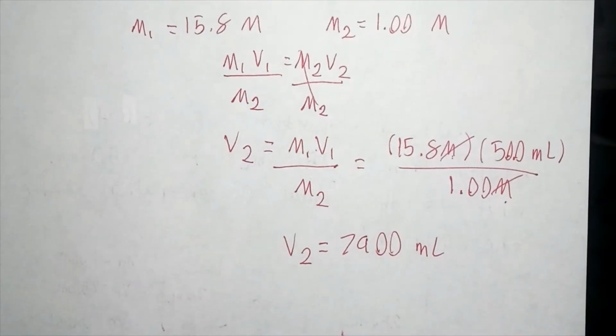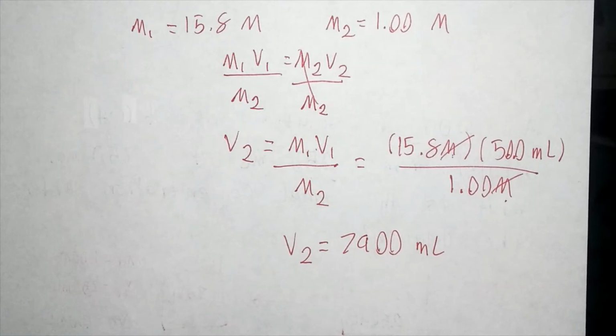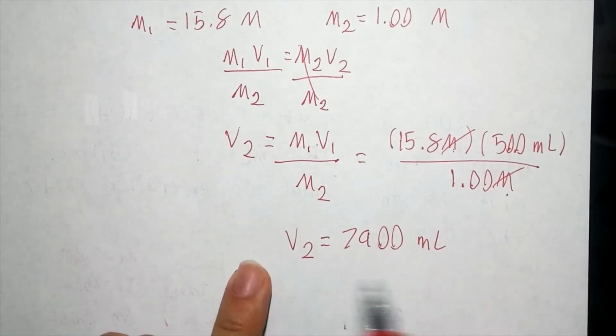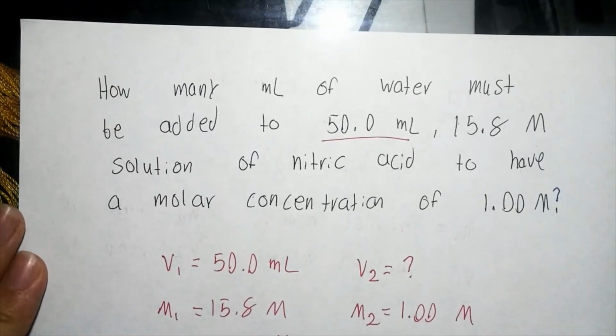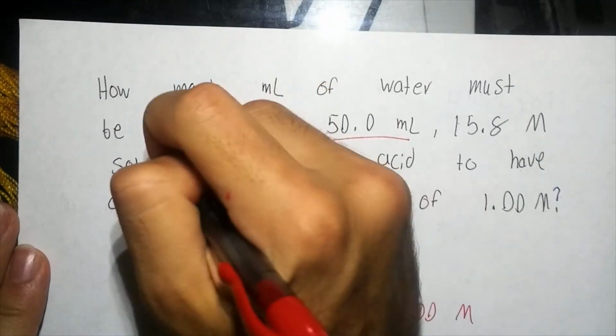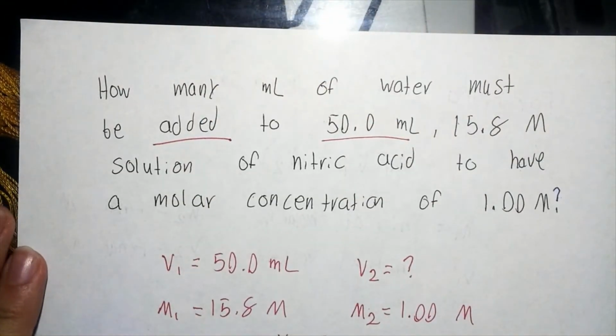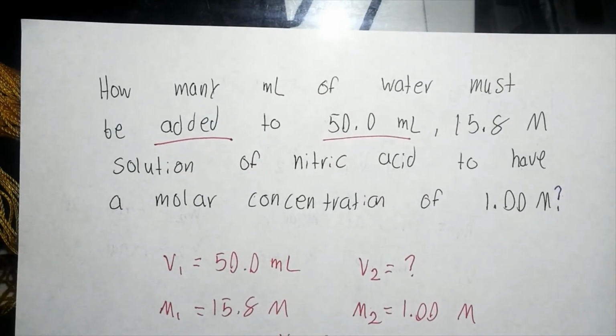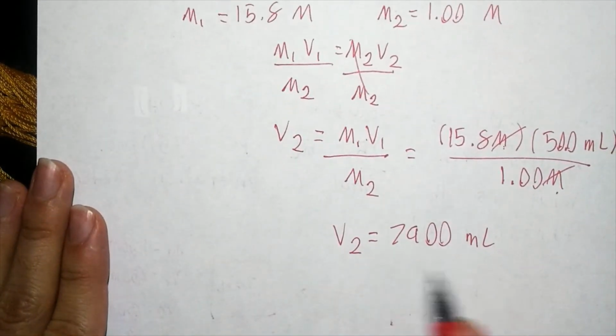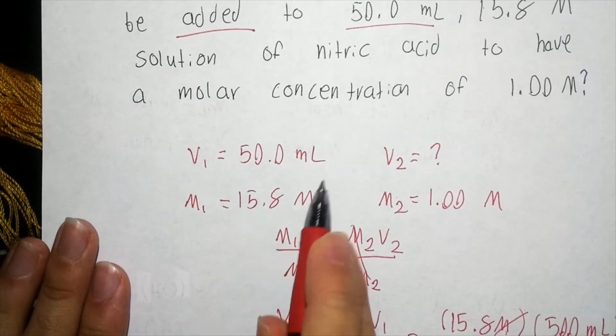So this is not the final answer, however. This is the total volume after a dilution. However, you're being asked how much water needs to be added. So we're not looking for the final volume. We're just looking at how much water is added to the solution. That's a pretty simple process. You just take the final volume that you got and you subtract the initial one.